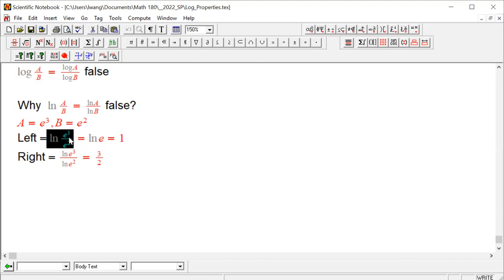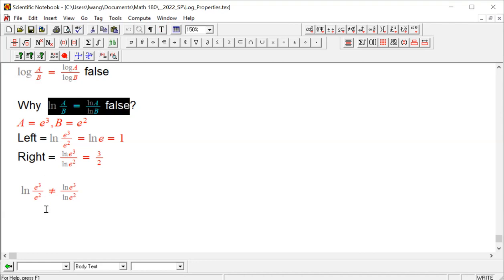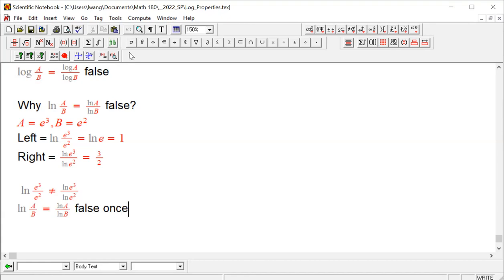And now we can claim that these two are not the same. You see, in writing, they look so alike, but they're not the same. So this is not true. If this is not true, that means this piece is false once, right? False once, it's false.